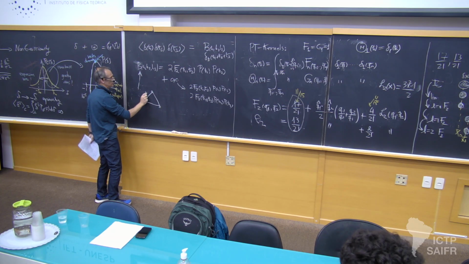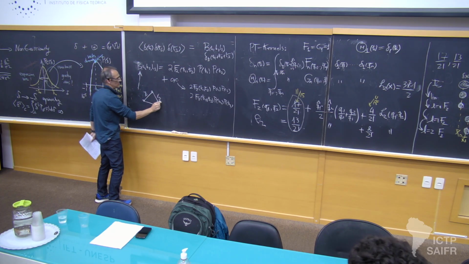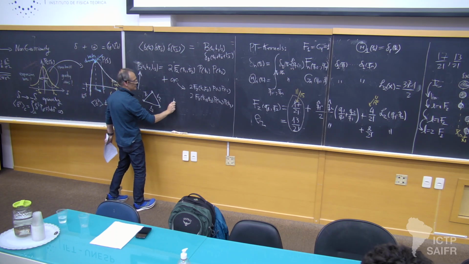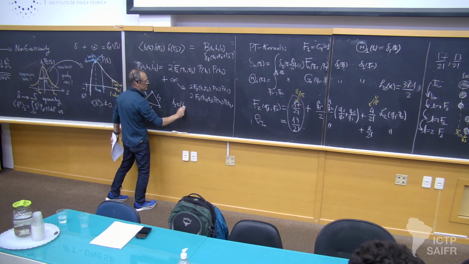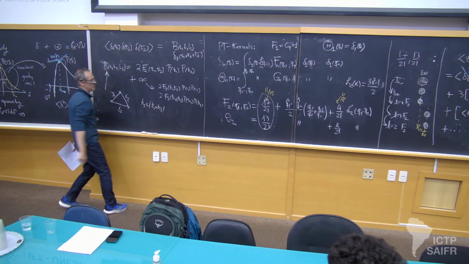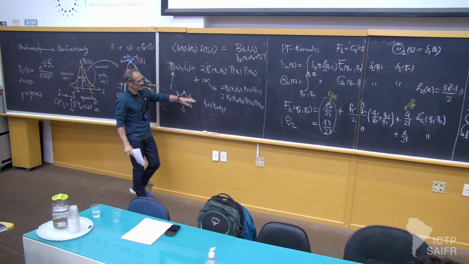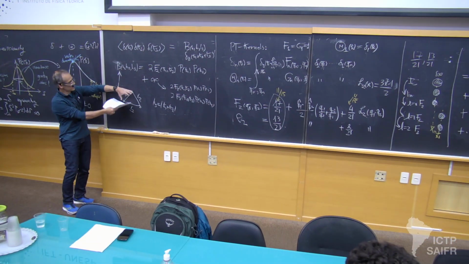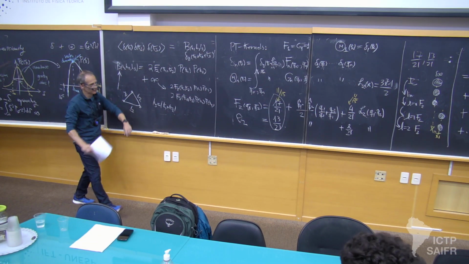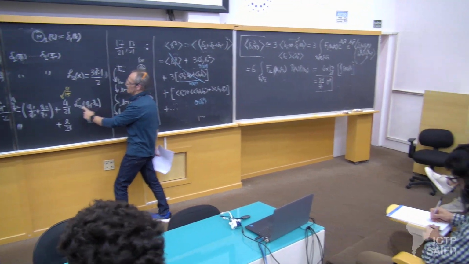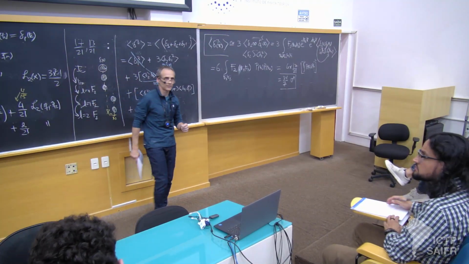Okay, and remember by translation invariance, k3 is just minus k1 minus k2, so it depends on the angle between k1 and k2. And so the way the bispectrum depends on the shape of the triangle encodes all this interesting physics that we discussed.